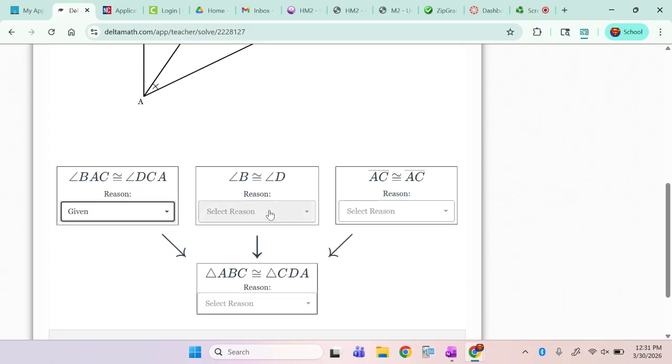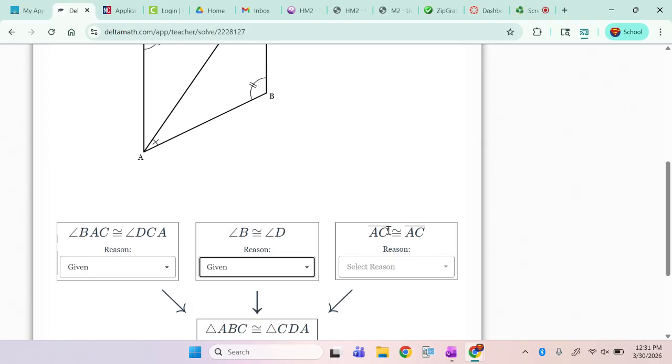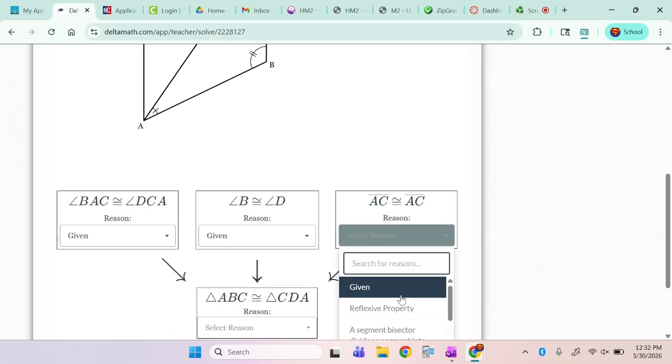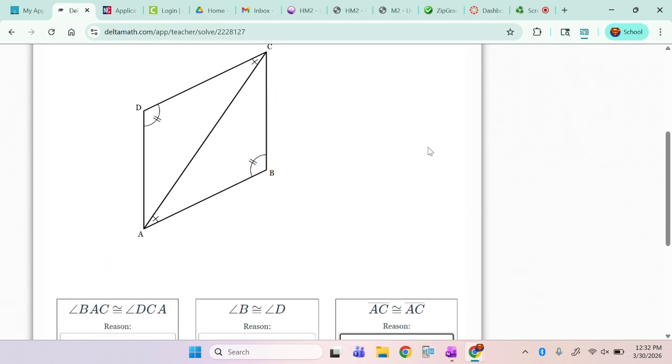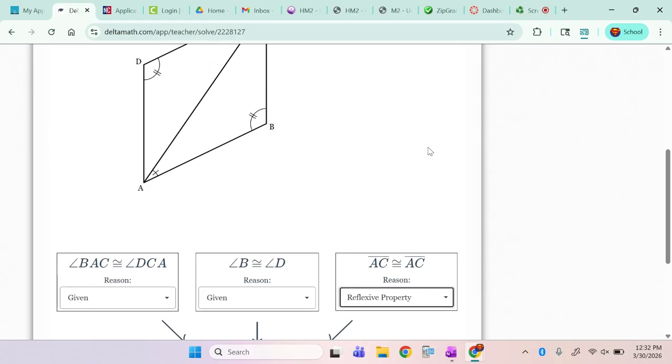It's given. Now, this one they didn't give us. It's not marked. But they said AC is congruent to AC. We just talked about this. Why is that true? The reflexive property. 5.2, Intro to Proofs.